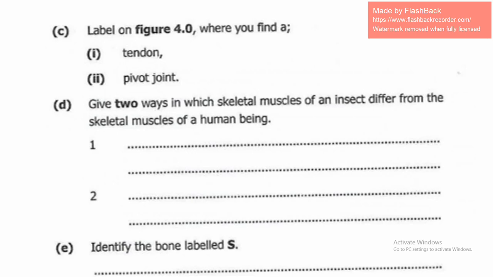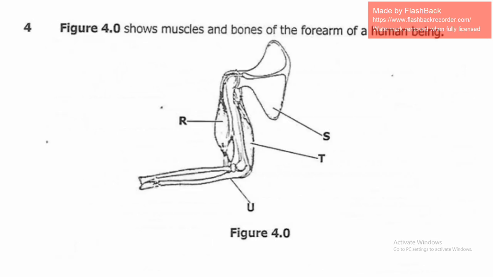Now, since we now know what a tendon is, we should label on the diagram where you find a tendon on figure 1.1. So let's go back to the diagram. This is the diagram. A tendon will always be the smaller part at the end of a muscle.